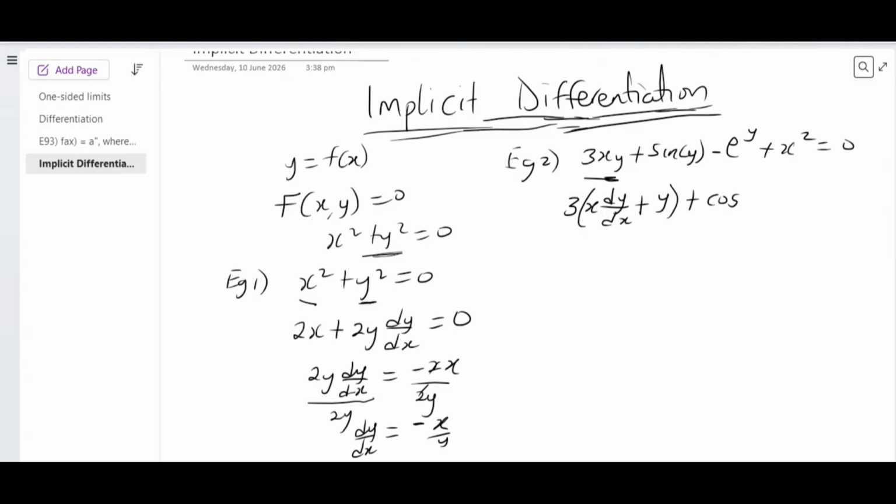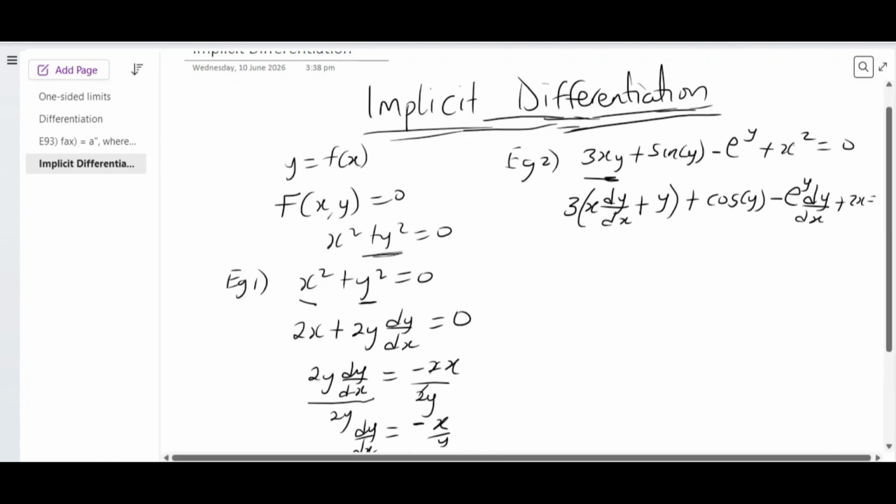So if I differentiate sine y, I'll get cos y. Minus, now e to the power y is the exponential function, so if I differentiate e to the power y, I'm still going to get e to the power y, but since it has a y term, we are going to have dy/dx, plus 2x, and that is equal to 0.